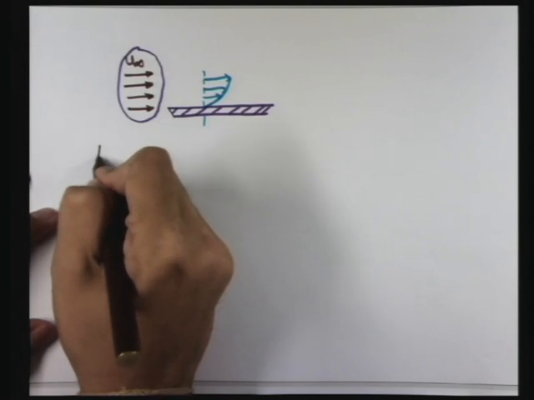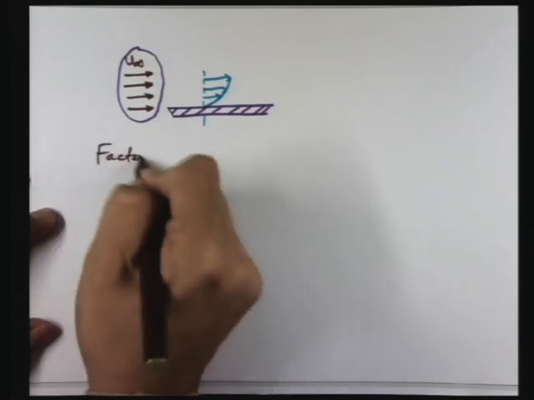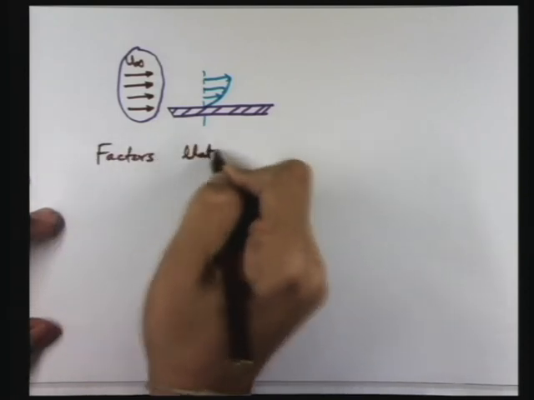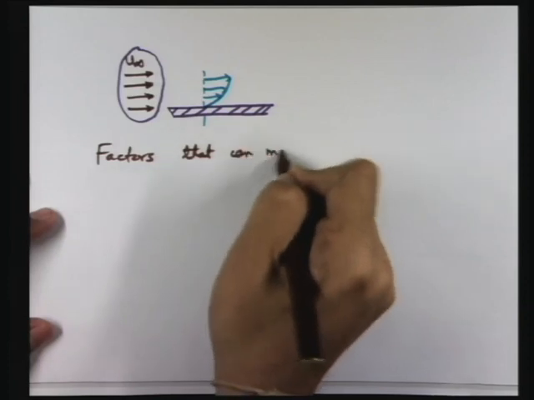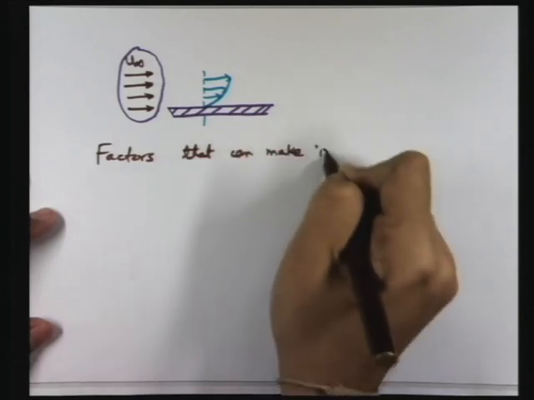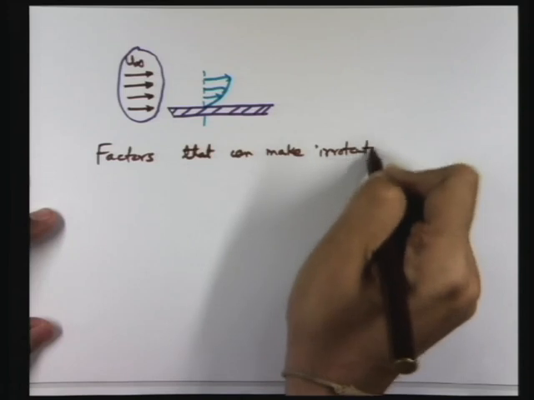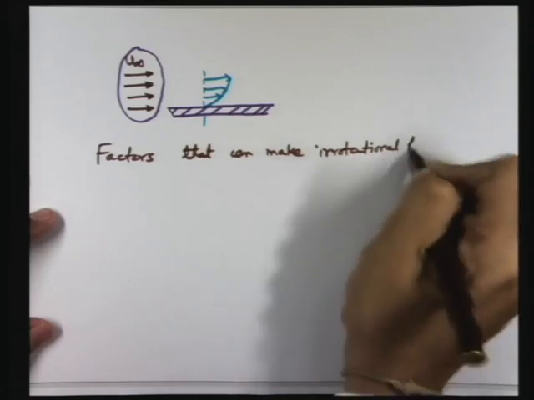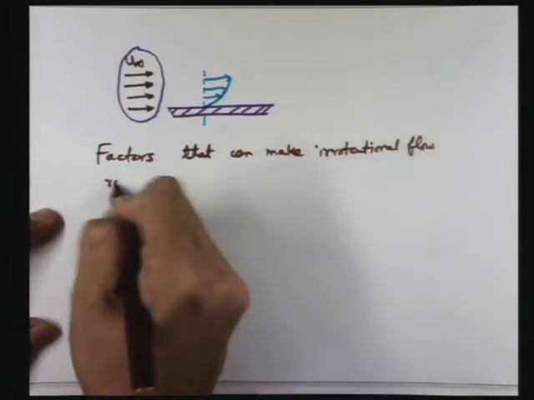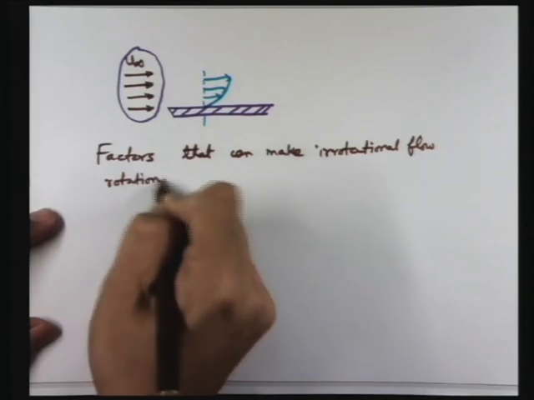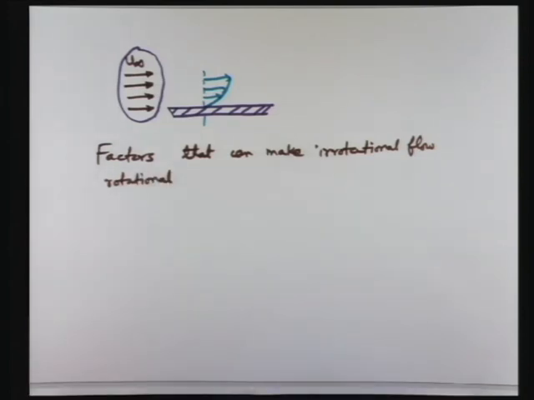So what are the factors that can make irrotational flow rotational? We will identify some factors.